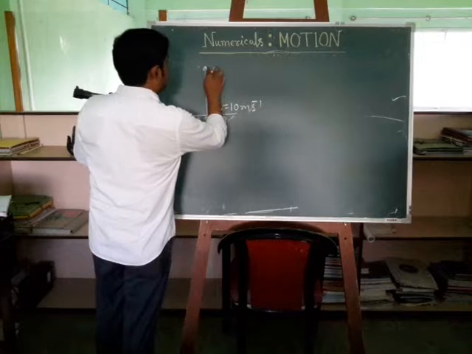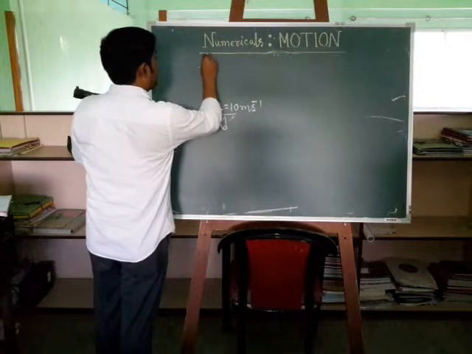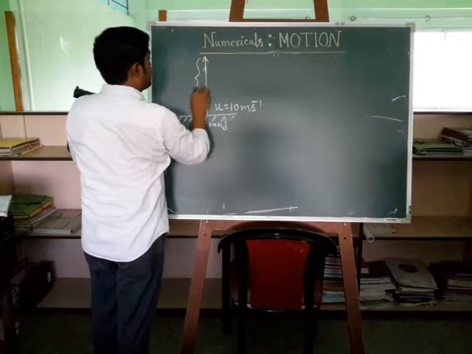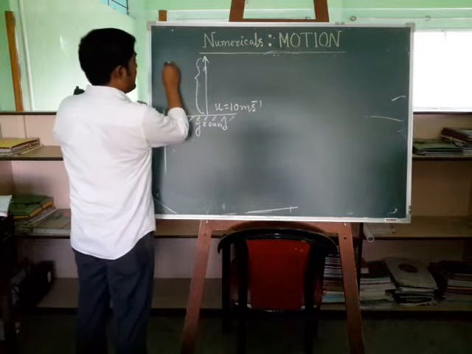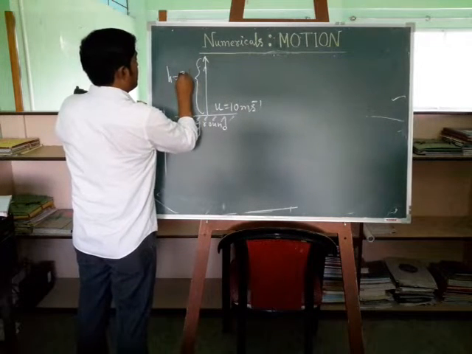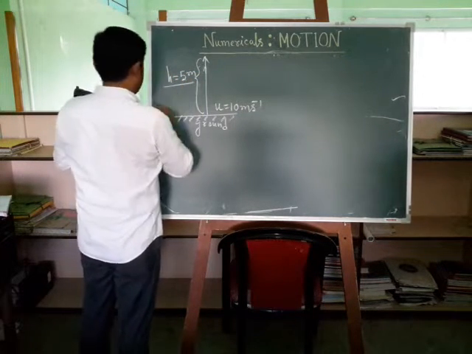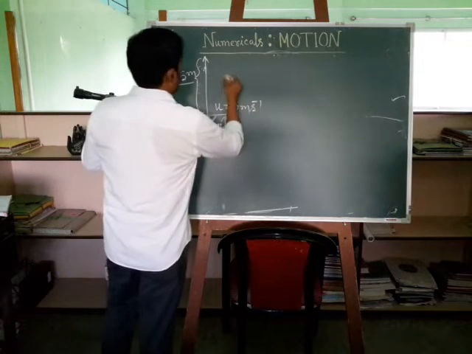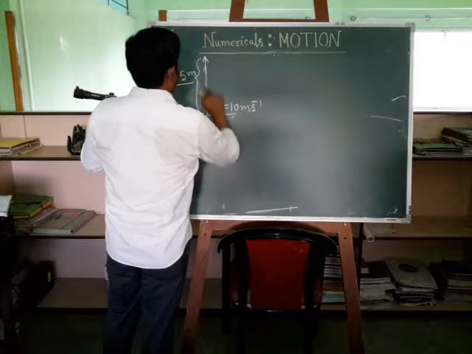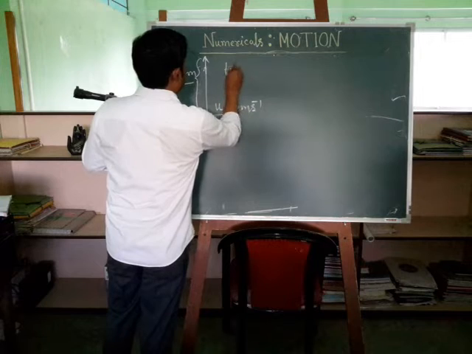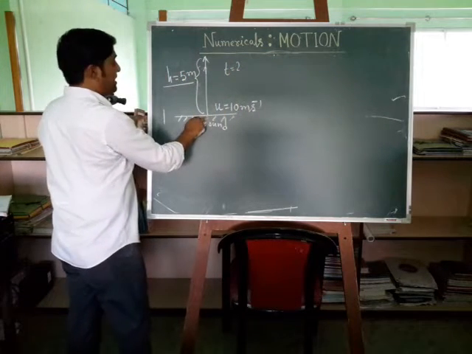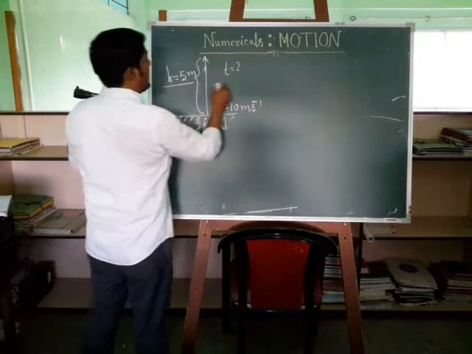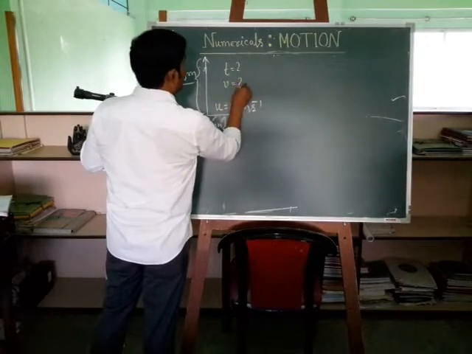It is reaching a maximum height of 5 meter. So this is our height h, and that is 5 meter. Question is, how long will it take to reach the maximum height? So what is the time taken by this particle to reach the maximum height?